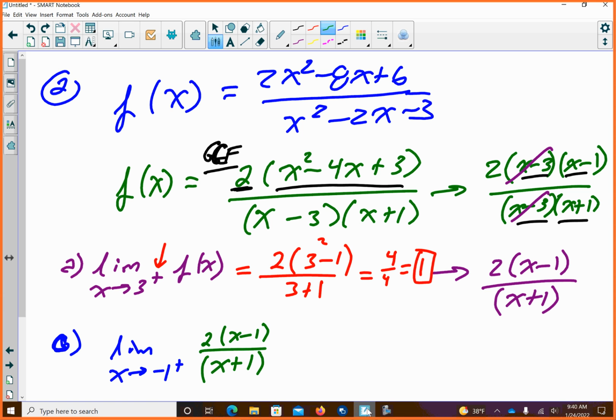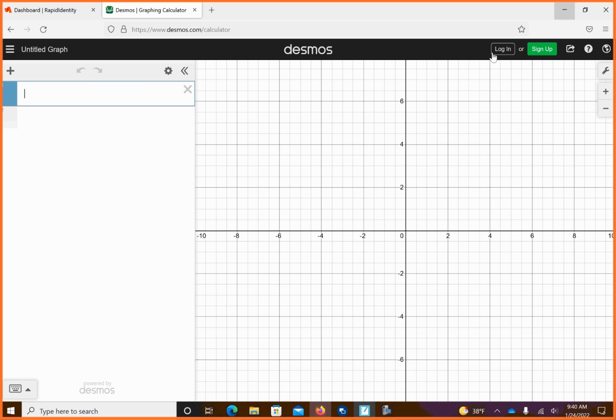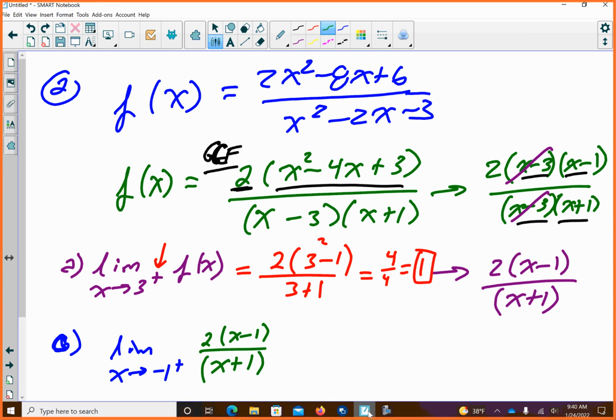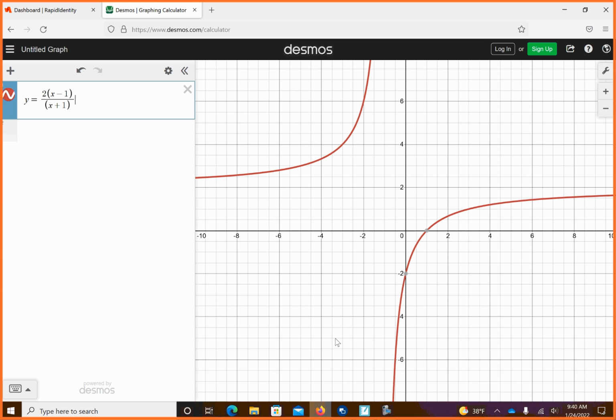What did I do? 2x minus 1, x plus 1. Just make sure I have that minus 1 on top, plus 1 on bottom. I got it. All right, so now we're looking at -1.